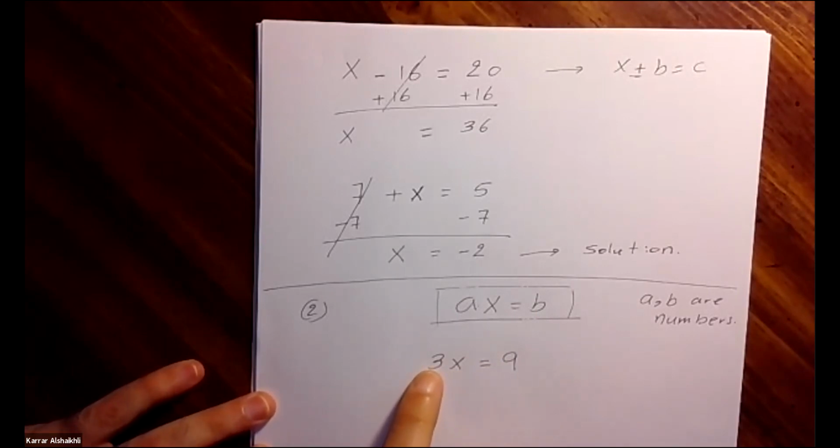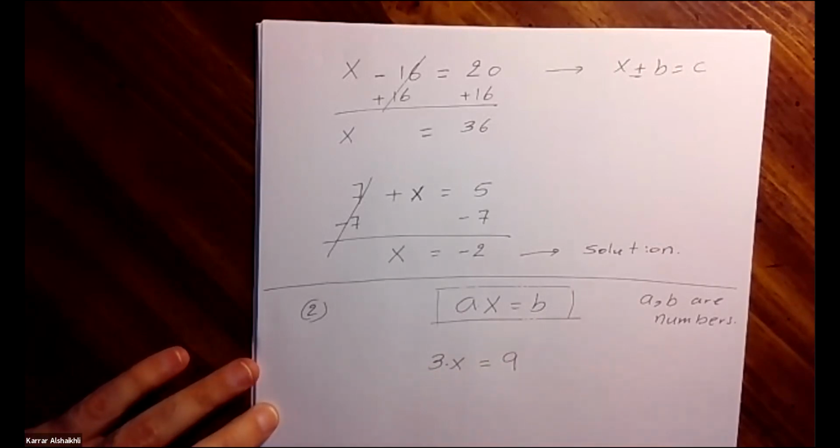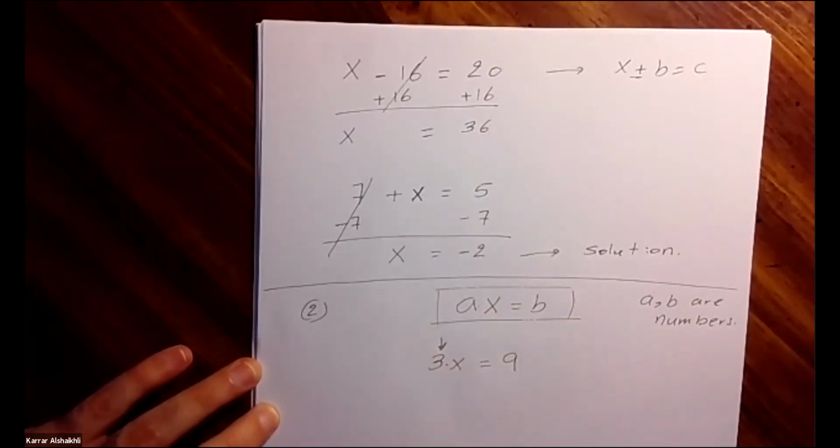If you check the sign between the 3 and the x, it's multiplication. So now I'm not going to add or minus, I'm going to divide. If the sign between the number and the variable is multiplication, you're going to divide both sides by this number. So you're going to divide both sides by 3. This is divided by 3, and this is divided by 3.